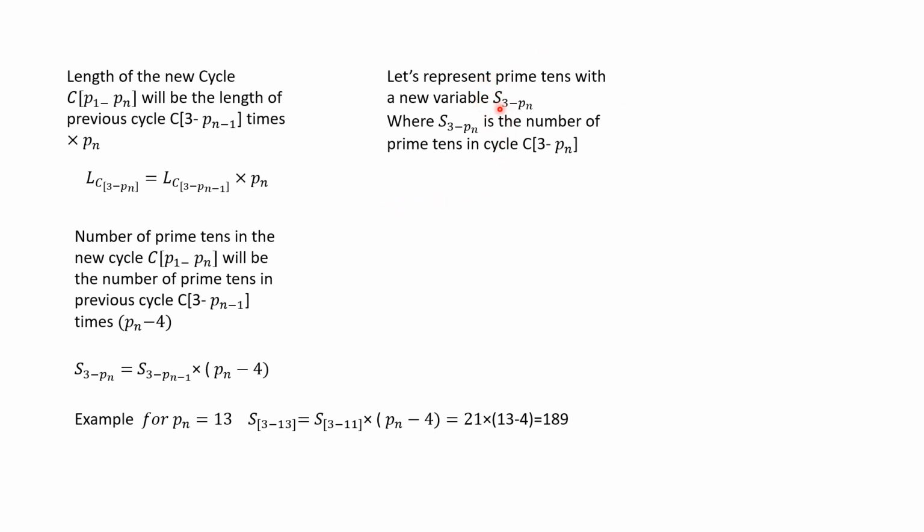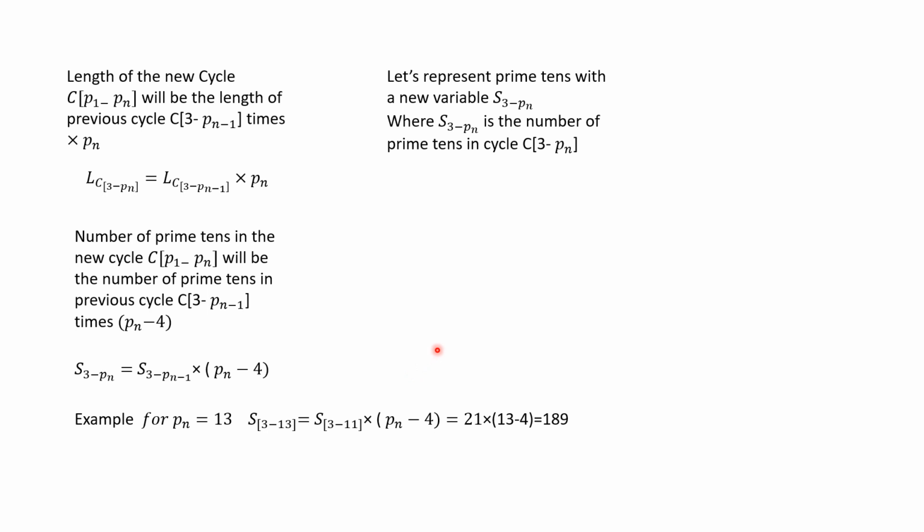So the prime times from the prime number 3 to the prime number n, the cycle 3 through n, will be represented by the variable s. You have it here. So the number of prime times in the new cycle will be the number of prime times in the previous cycle times prime n minus 4. And you have the formula here. They are very simple equations, basic equations.